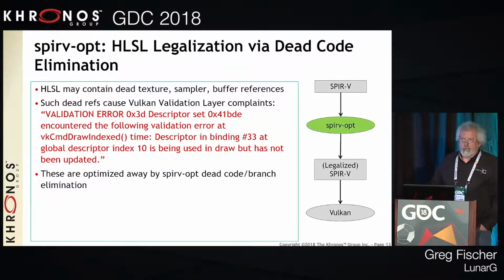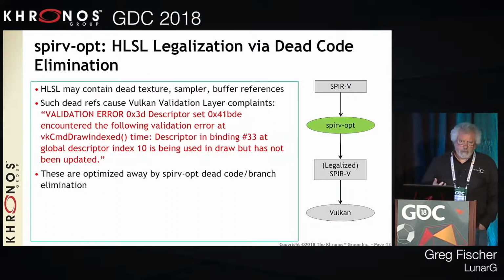One last example, and this is of using SPIR-V opt. This is not as much a legalization as it is a way of avoiding validation layer errors that we were seeing with a particular shader.